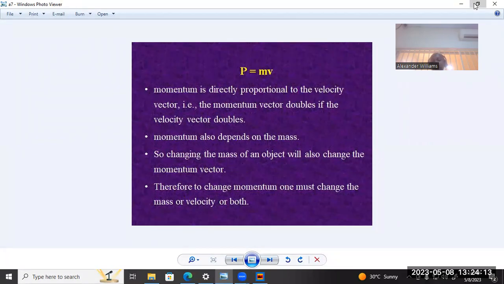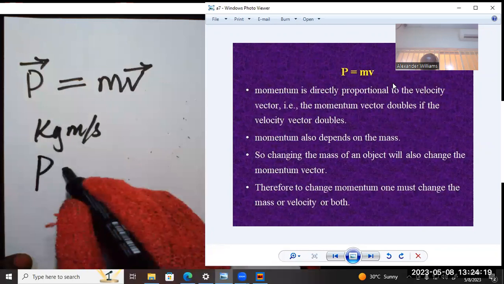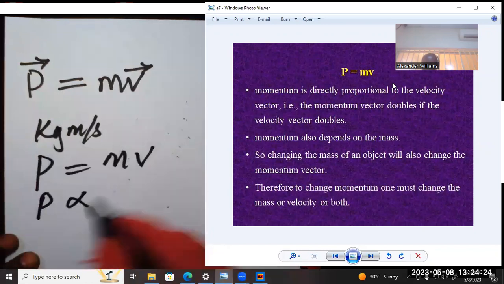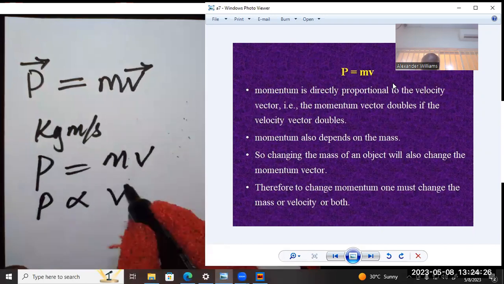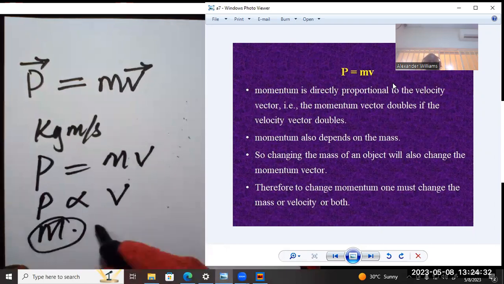This means that from the equation, momentum equals mass times velocity, momentum is directly proportional to the velocity. And momentum also depends on the mass. If you increase the mass, the momentum is also increased based on this equation.